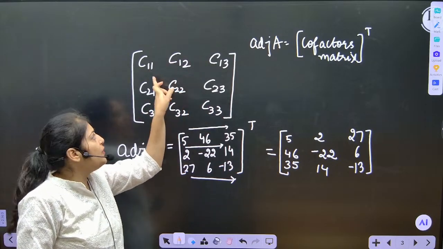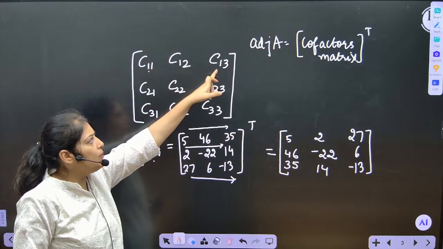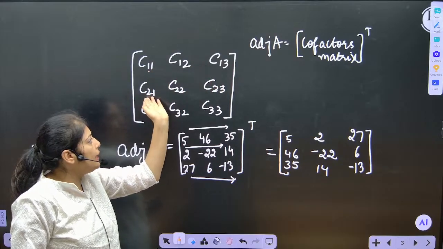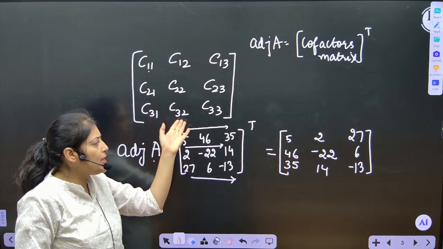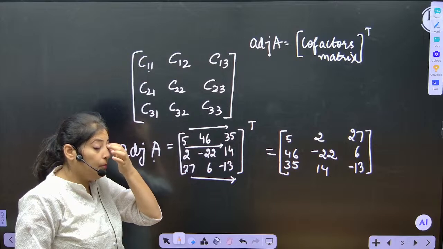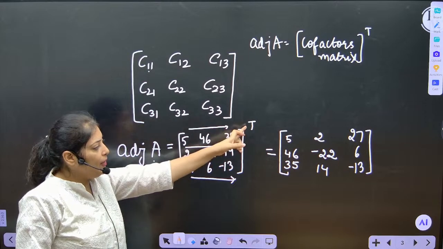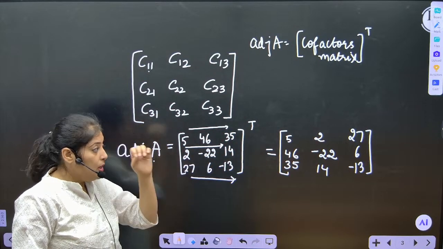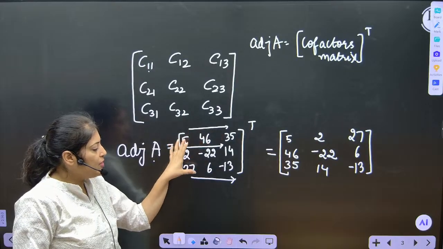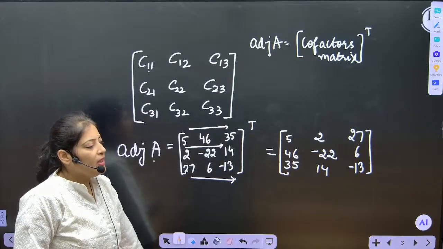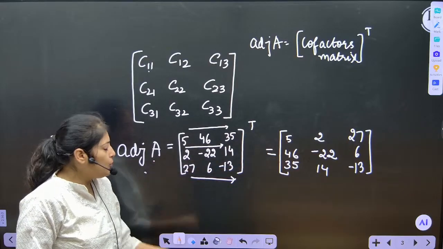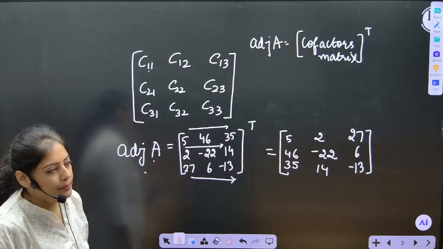Cofactors matrix: first row first column, first row second column, first row third column, second row first column, second row second column, second row third column, third row first column, third row second column, third row third. Okay. Then we do its transpose. Transpose means first row will become first column, second row will become second column, third row will become third column. That matrix will come out to be the adjoint of it.